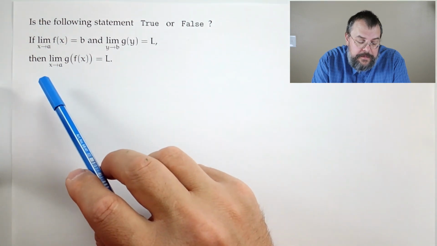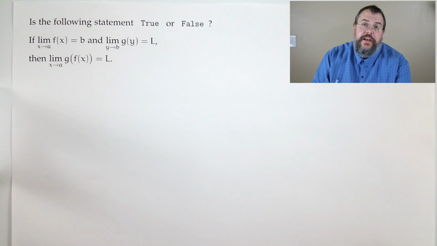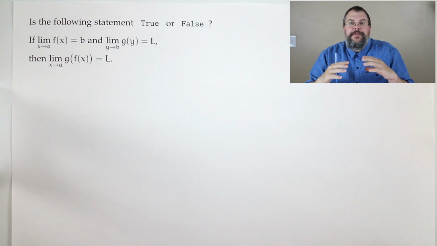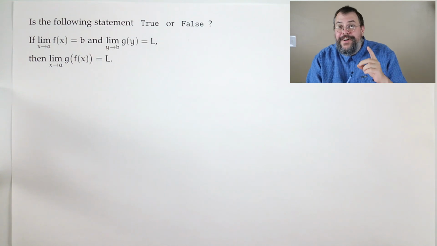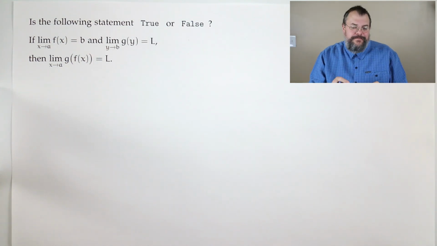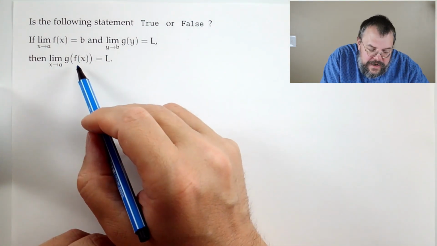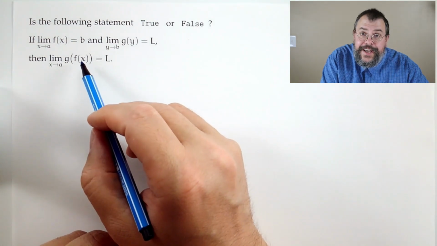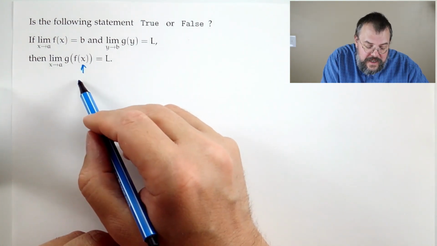So what's happening here? The limit as x goes to a of g of f of x. This is one of these problems I like to call an onion problem because it has layers. And also like an onion, there might be a couple of tiers involved. So what do we have? We see that x is getting close to a. So this layer here is getting close to a.